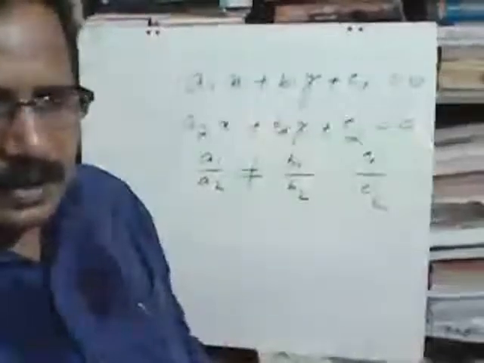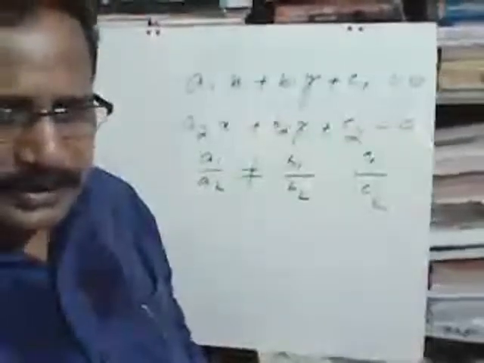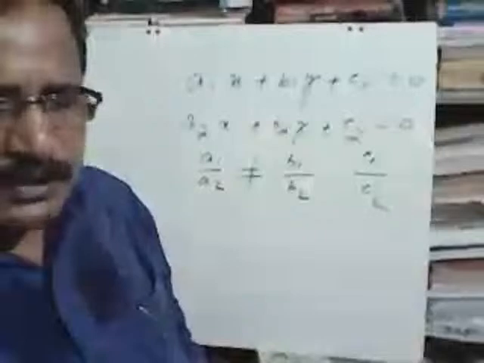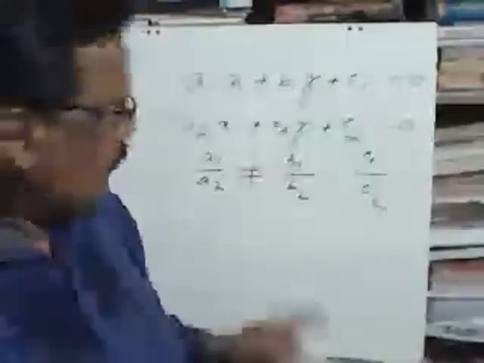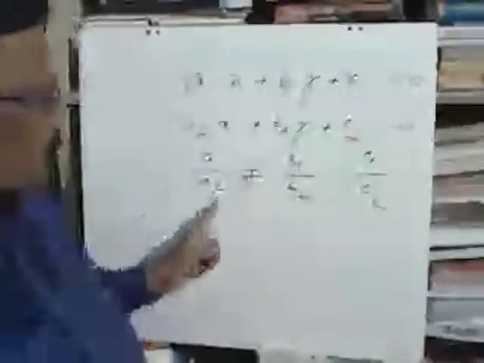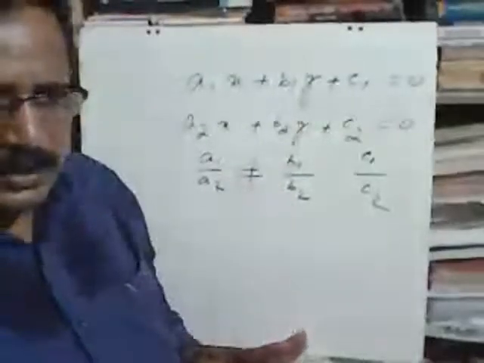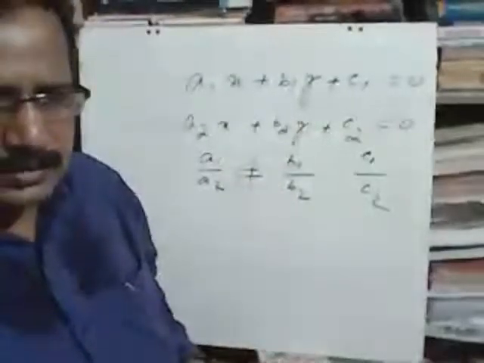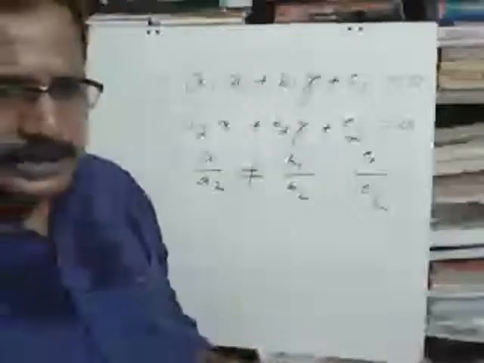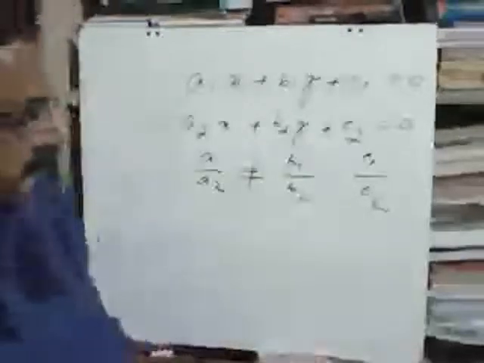The x coordinate of that point is the value of x, the y coordinate of that point is the value of y. So a1 by a2 not equal to b1 by b2 gives us the conclusion that the system has a unique solution and the graphs intersect exactly at one point.